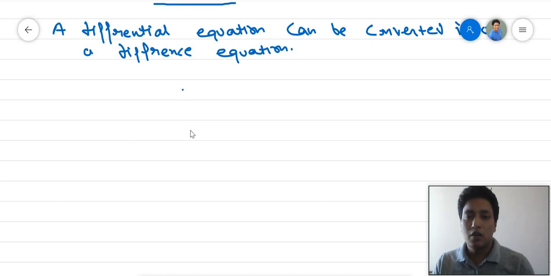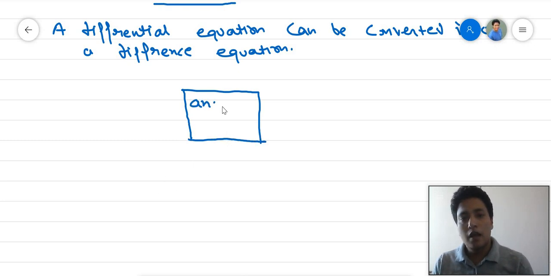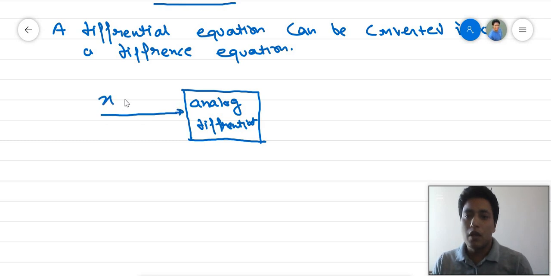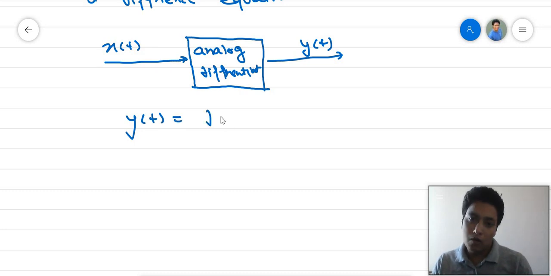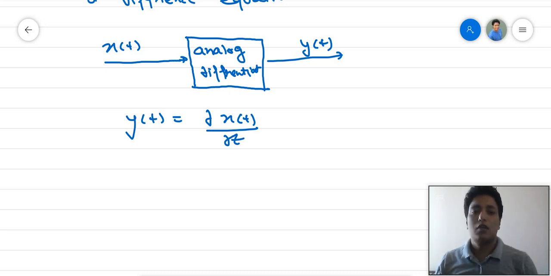So let's say we have a system which is an analog differentiator. We provide input x(t), and the output we get is y(t). Then y(t) will be equal to del x(t) over dt.